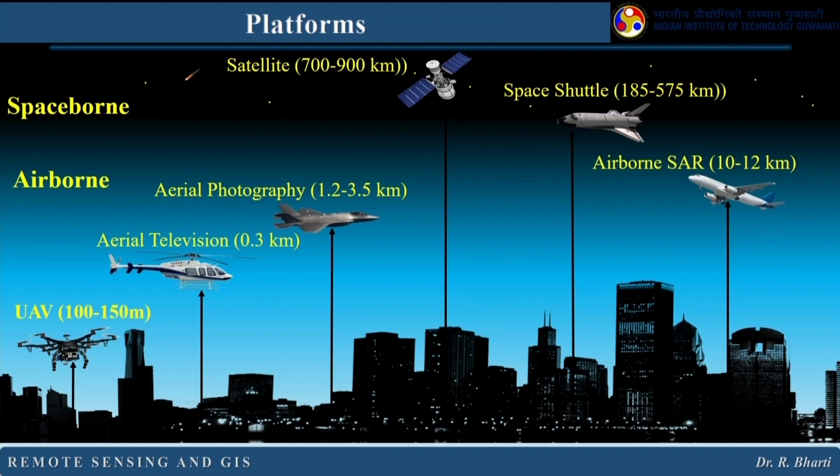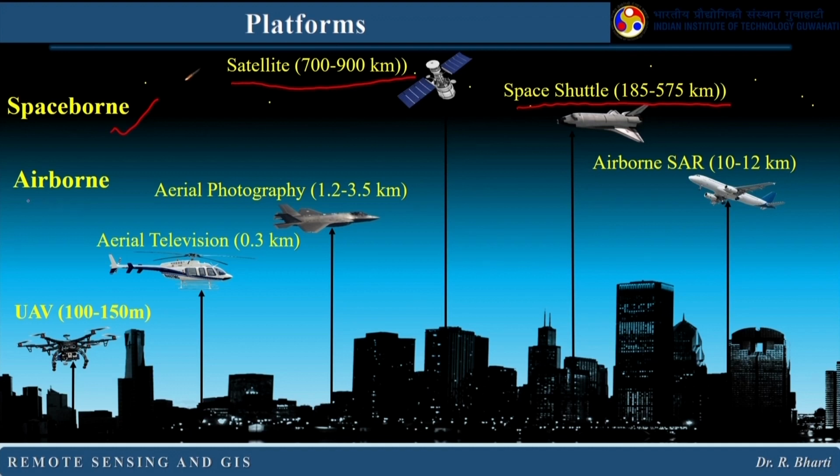So, let us start with satellite. Here you can see this is fixed in, or the orbit is fixed in space. So, this is called space-borne satellites. And there are some space shuttles, they are also carrying some cameras and they are capturing the images.